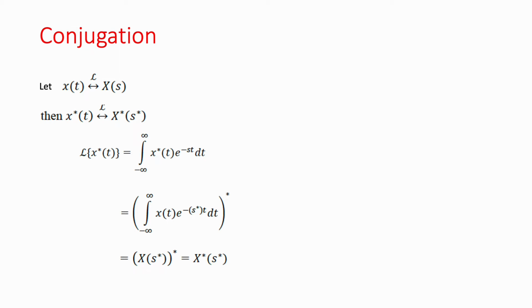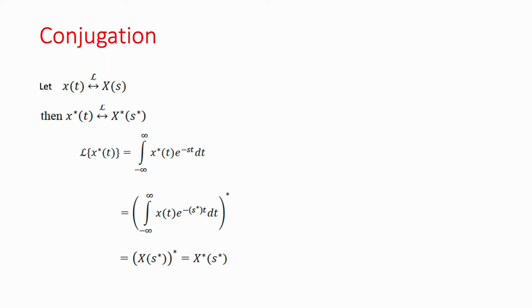Now we want to move the conjugate out of the above equation. To do that, we write x of t e to the power minus s, with s conjugate, because s is a complex variable, dt, the whole conjugate. If I take the conjugate inside, it cancels and you get x conjugate.